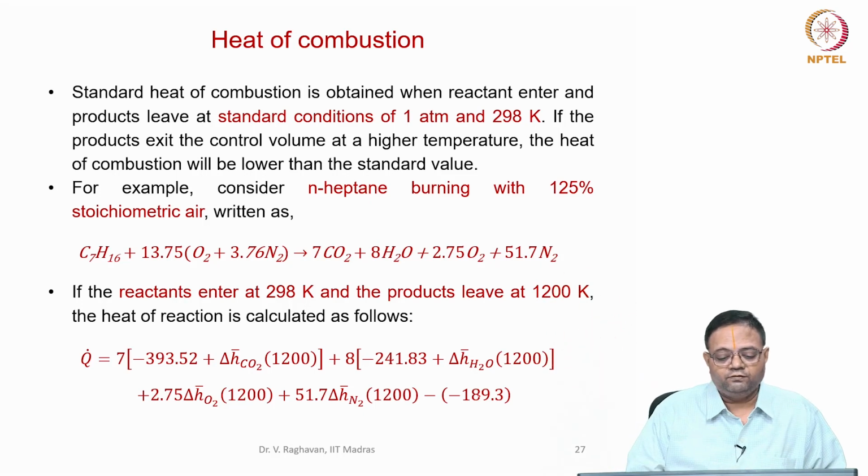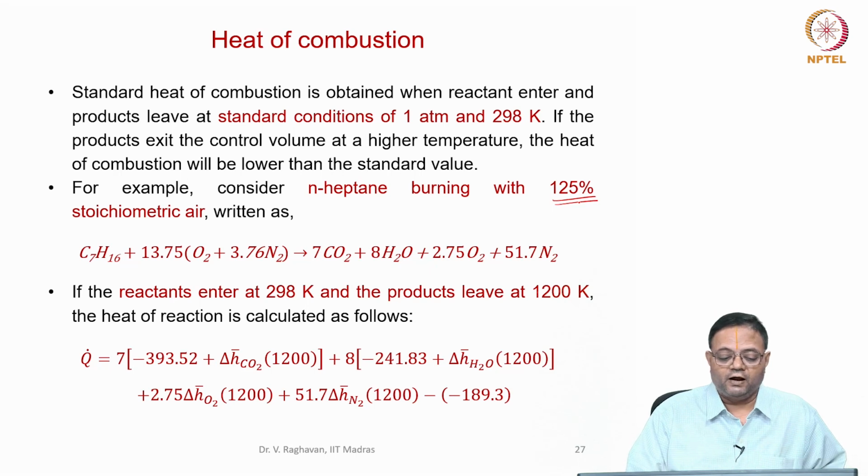Okay. Now, let us consider an example in which heptane is burning and there is a good air supply. Say, let us say the air which is coming in is 125% of stoichiometric air.